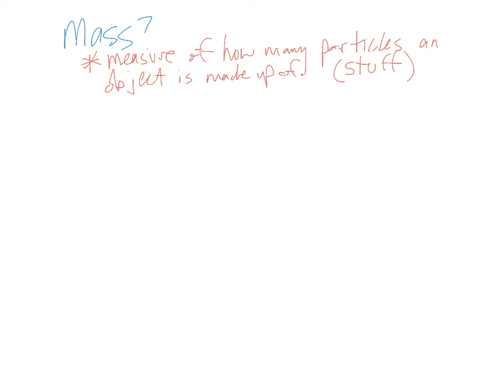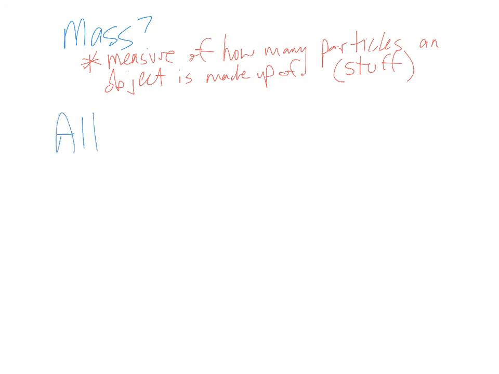So not only have we defined what mass is, but we need to come to the conclusion that all matter is made up of what, do you suppose? With all this talk of particles, I hope that was maybe the word that was coming to your mind. This is part of what's called the kinetic theory of matter, right? And we're going to build this as we go the next few days.